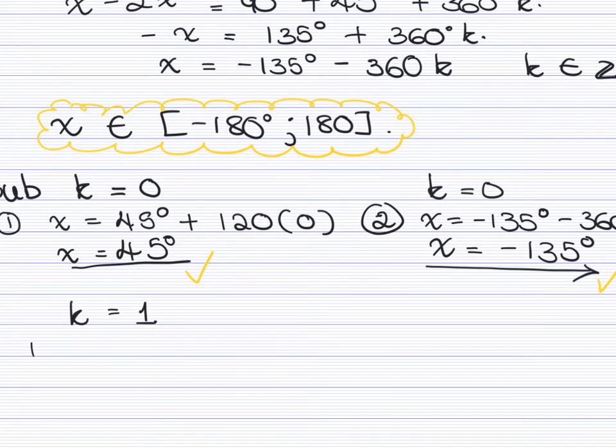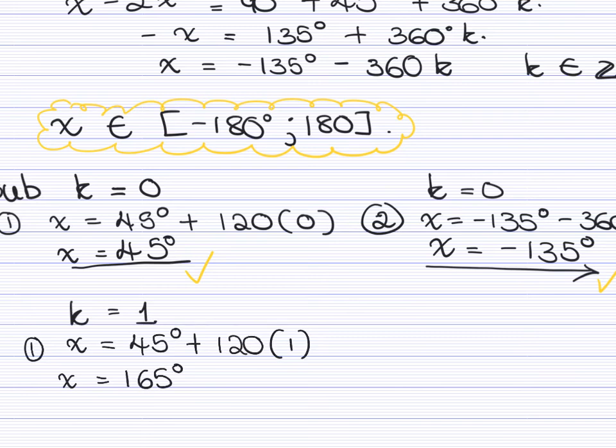So if I test it in the first equation again, same process. Where I see the k value, I am substituting in 1. When I do that, I see that I have 165 degrees. Is 165 degrees in our range of −180 and +180? Yes, it is. So we take that answer as well.